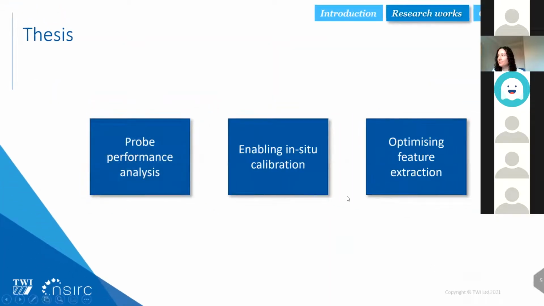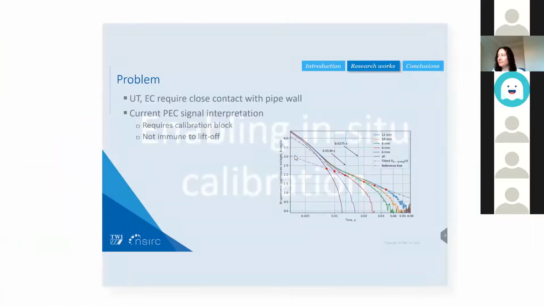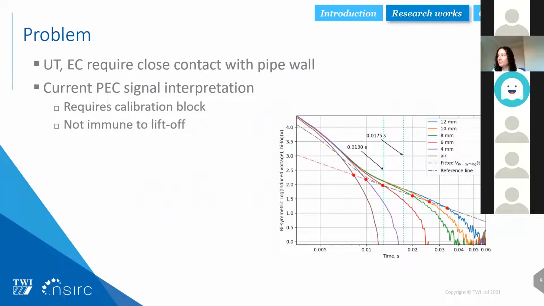The second part of the thesis is called enabling in situ calibration. The problem that we are trying to solve here is that the current PEC technique doesn't have a method to do in situ calibration, in such a way that the conventional NDT methods such as UT and also eddy current still require close contact with the pipe wall.